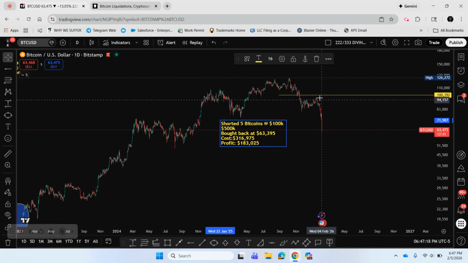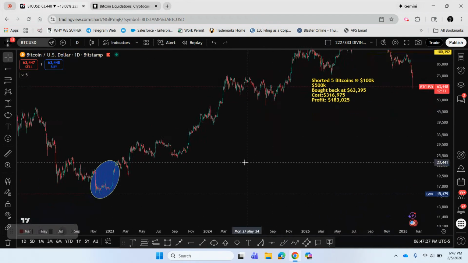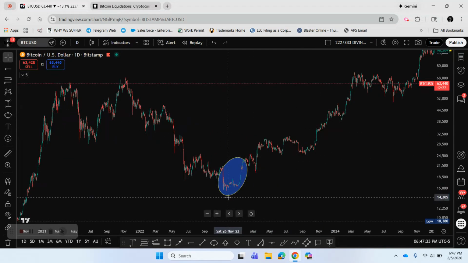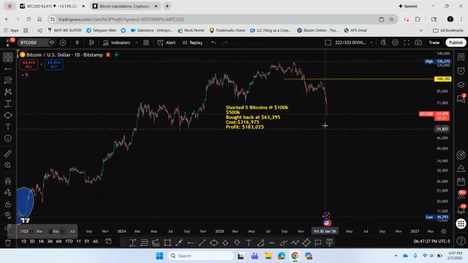Now, imagine a whole lot of people doing that. Eventually, everybody who's short has got to buy back, and this is where we get these little rallies. This is people buying back what was shorted. And then what continues to keep it going is that retail comes back in and starts buying.